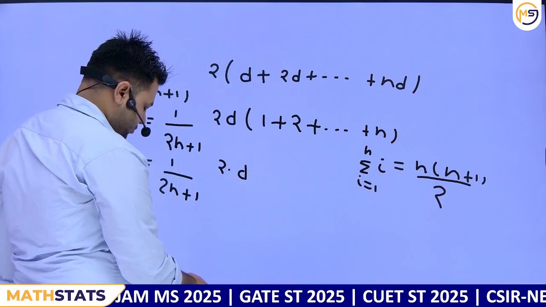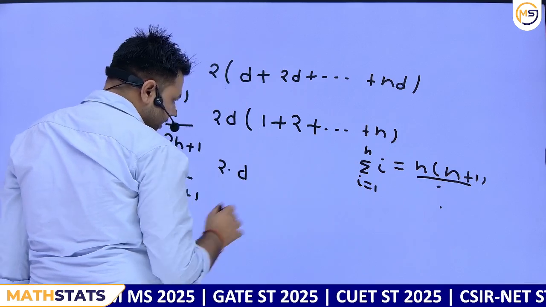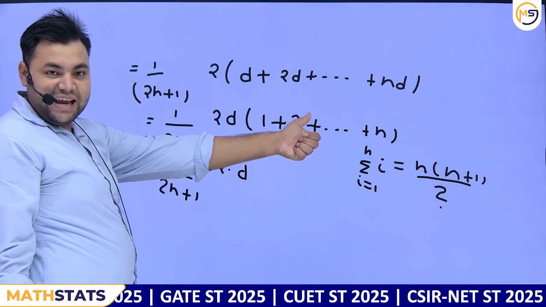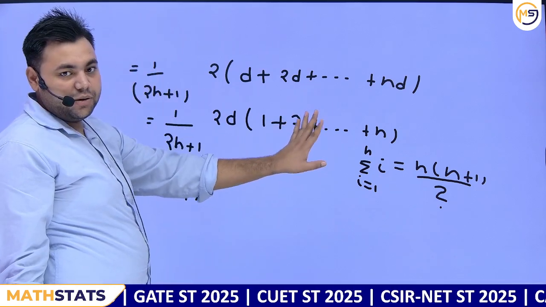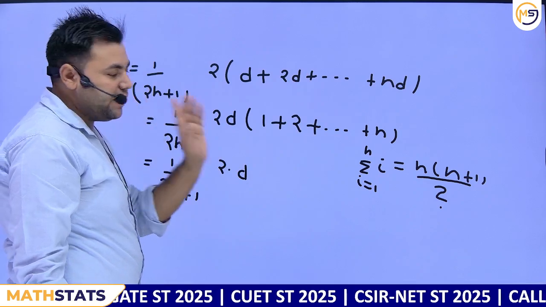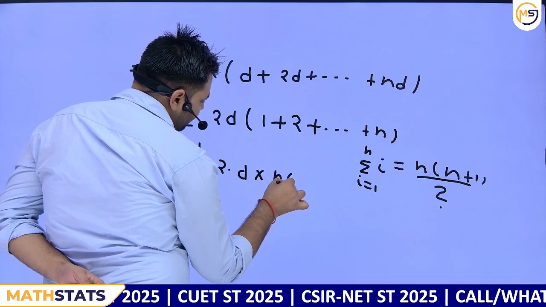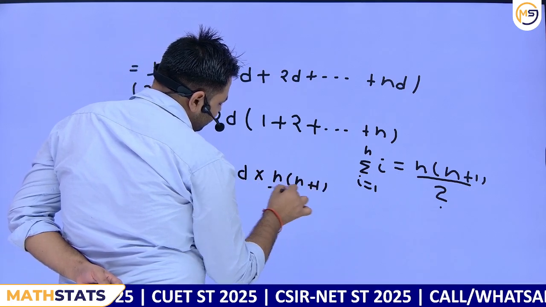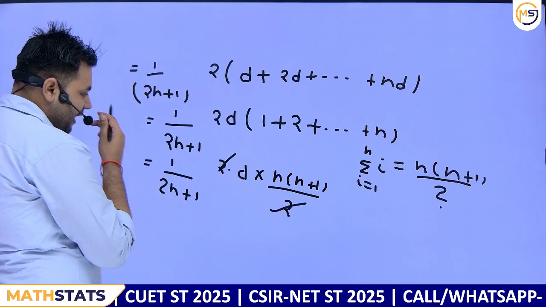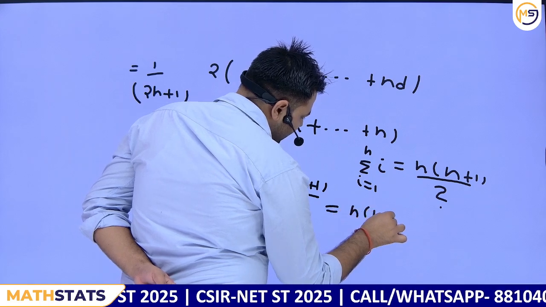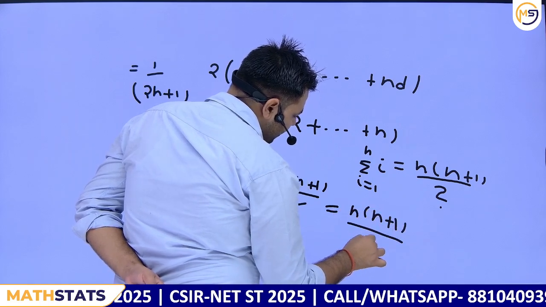What is the summation of the first n natural numbers? The summation of the first n natural numbers equals n into n plus 1 by 2. So you can put the value here, n into n plus 1 by 2. So this 2 and 2 cancel out. So you will get what? You will get d times n plus 1 divided by 2n plus 1.